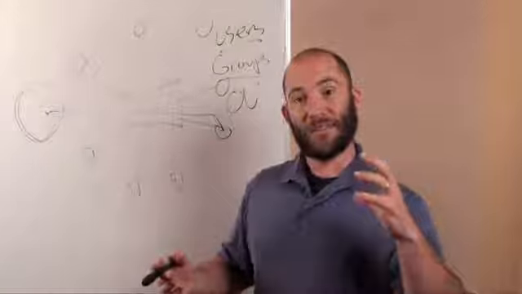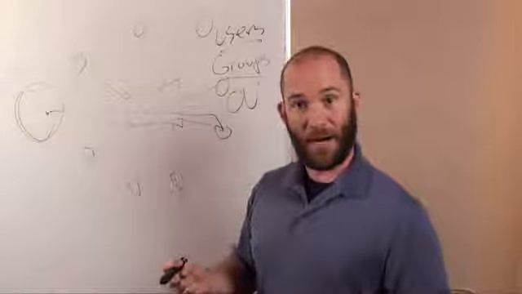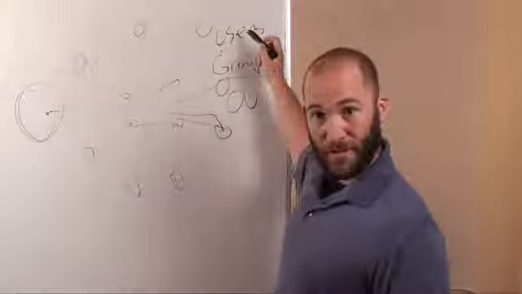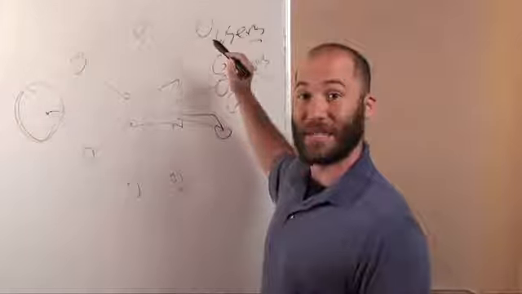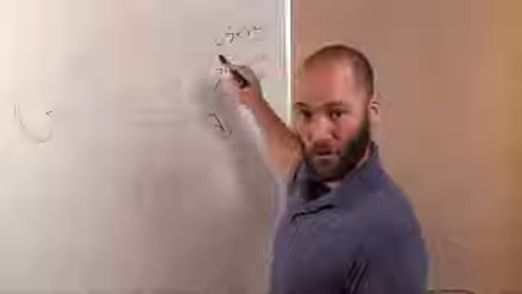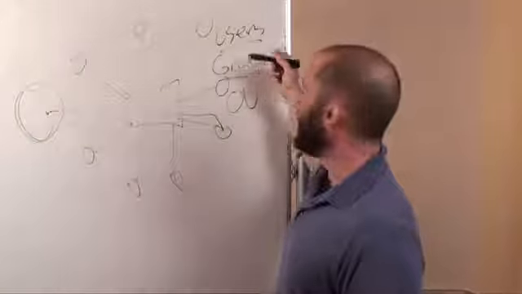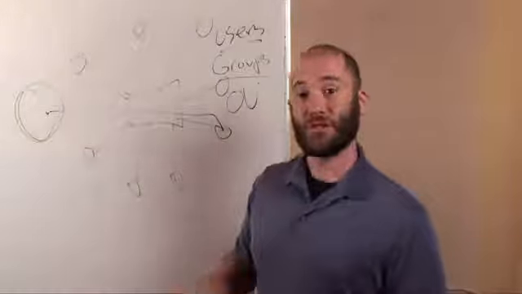Again, these permissions and these security policies can either be assigned to the user, which can be done, but this is usually a bad idea. You usually want to assign security and permissions to entire groups, so users are put into groups. You then also have organizational units.